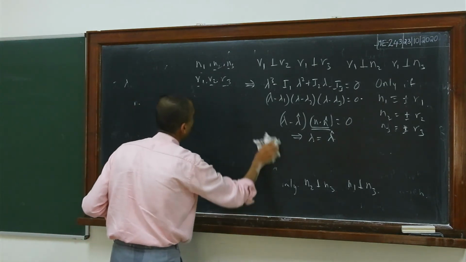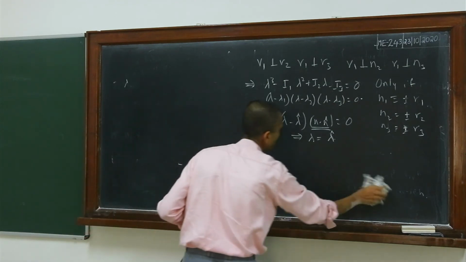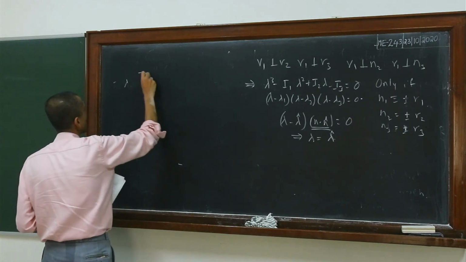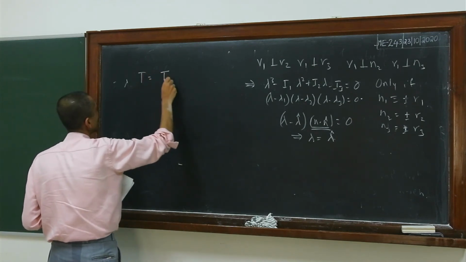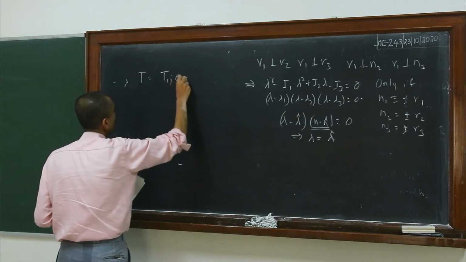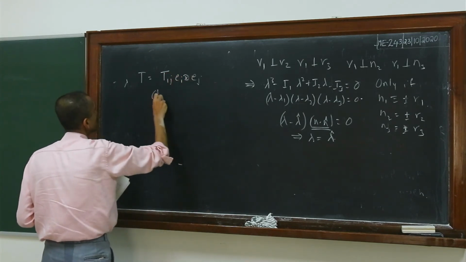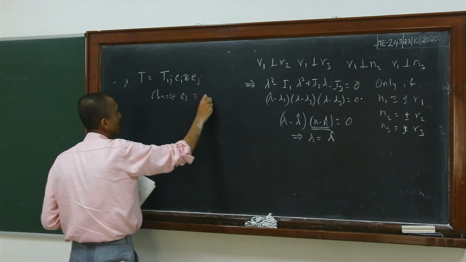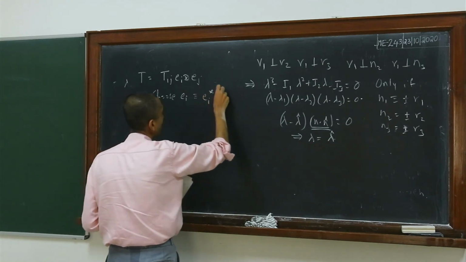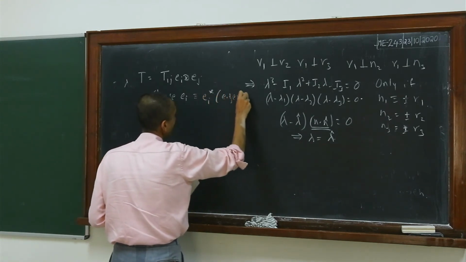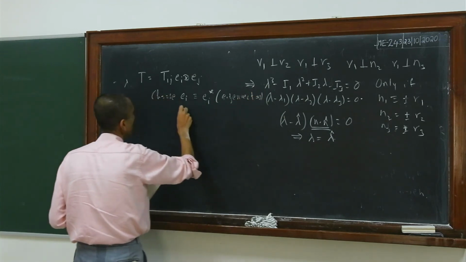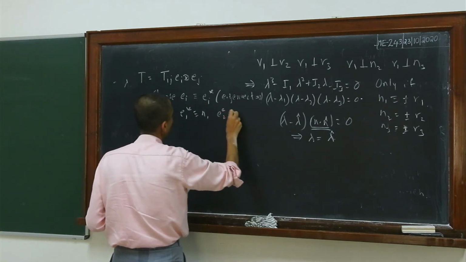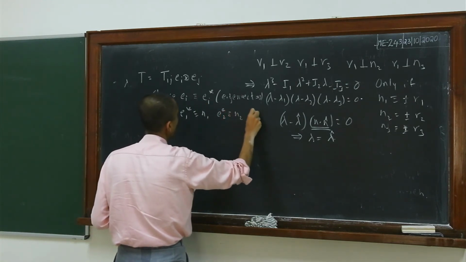Then now you can see, what about the components in this particular basis? So if you use your representation that T is Tij Ei dyadic Ej, right? So you choose this Ei to be Ei star. So these Ei star are the eigenvectors themselves in this particular basis. So basically your E1 star is N1, E2 star is N2, and E3 star is your N3.